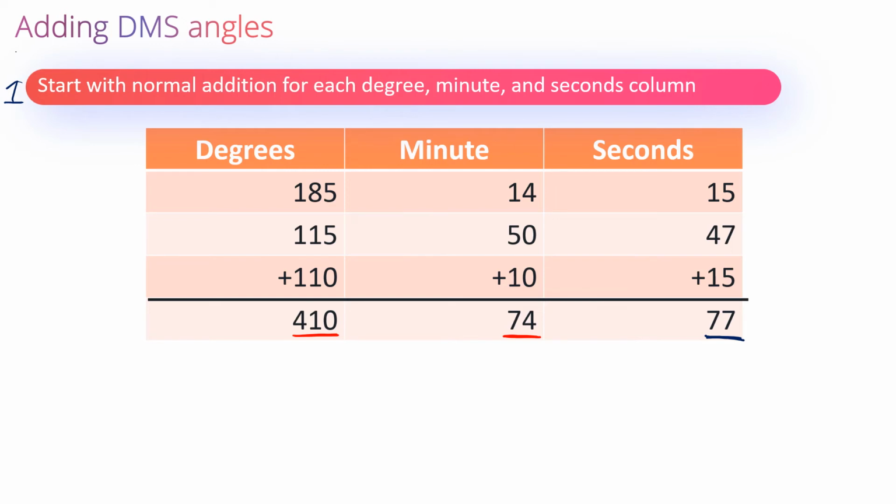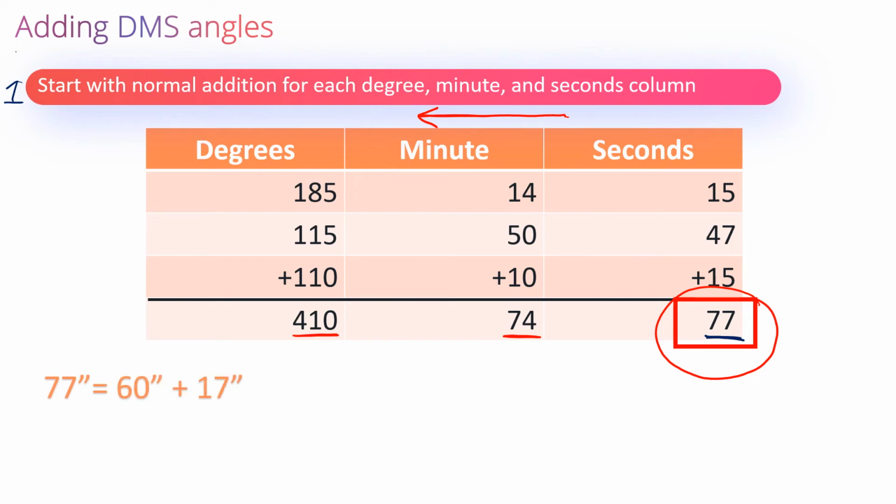We'll start from the second column, and we'll move from right to left. So 77 seconds can be written as 60 plus 17, just simple arithmetic. So what is 60 seconds? 60 seconds is 1 minute, since 1 minute equals 60 seconds.